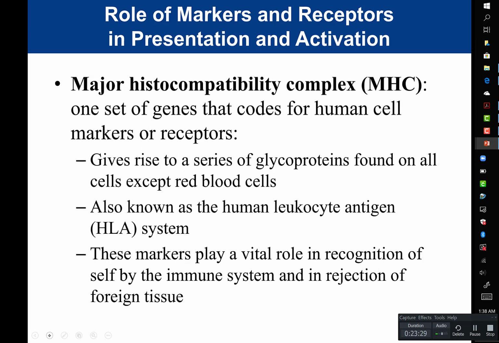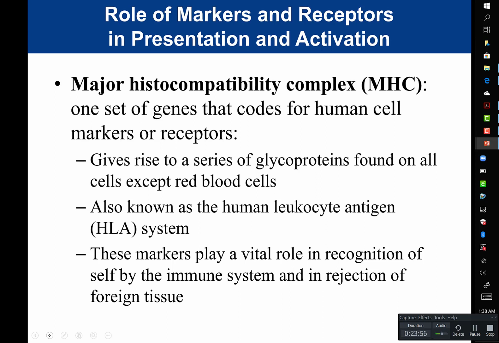So in order to understand these markers, we have to talk about what are called major histocompatibility complexes. And these are a set of genes that code for human cell markers or receptors. These give rise to a series of glycoproteins that are found on all cells except red blood cells.